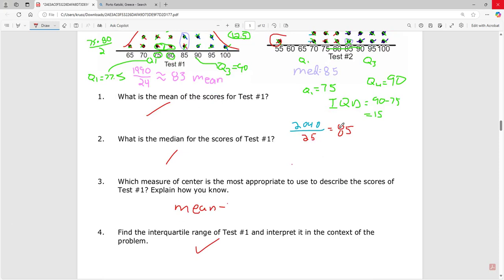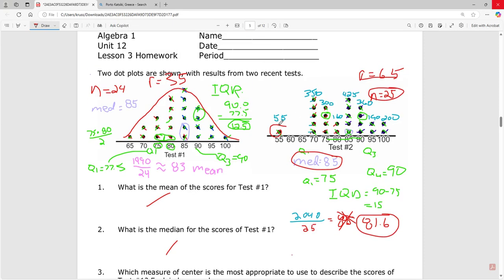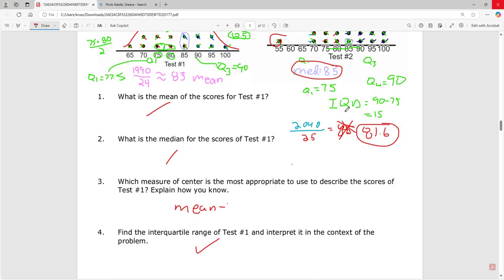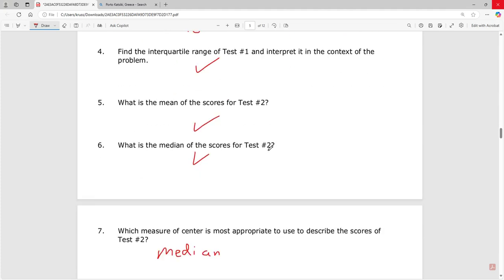Okay. In this case, the median and the mean were the same. Oh wait, no, this is not right. This is 81.6. So you're looking at 81.6 compared to 85, right? This average was drawn low because of this outlier right here. So a median is a better representation of the data.